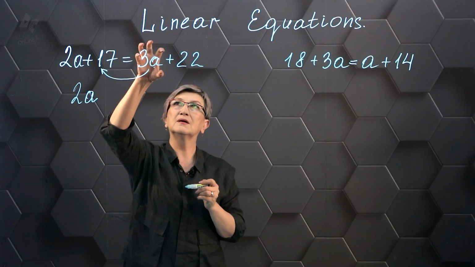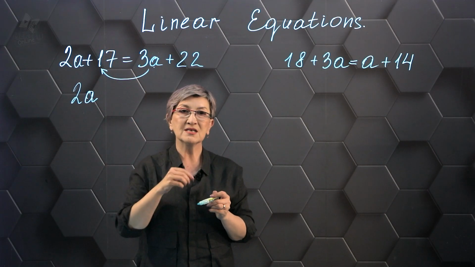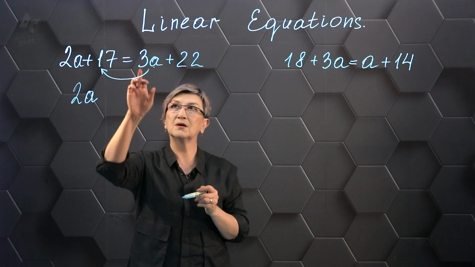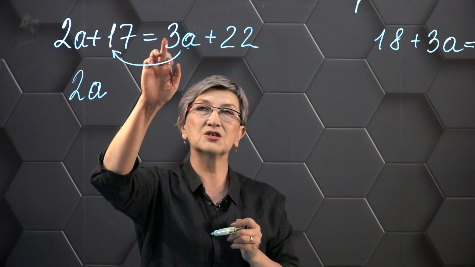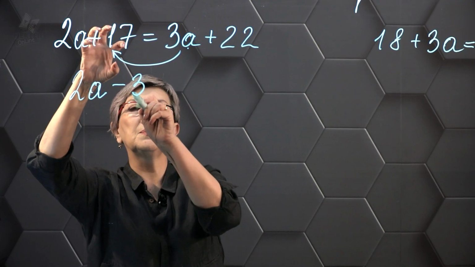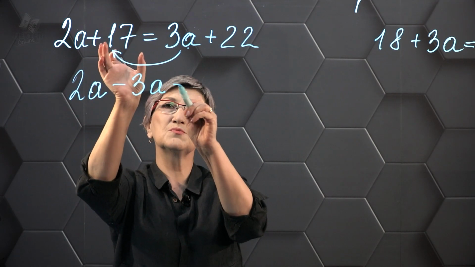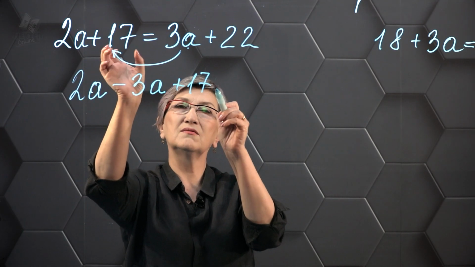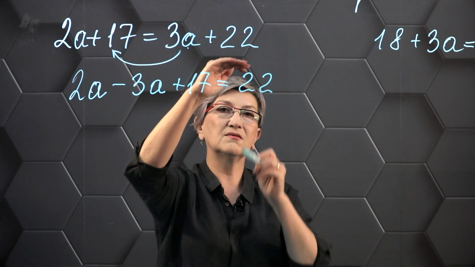According to the rules, we carry from one part to the other with the opposite sign. The summand 3a has a positive sign. Then we move it to the left side with a minus sign. Let's write the number plus 17 on the left side. And on the right side we have 22.